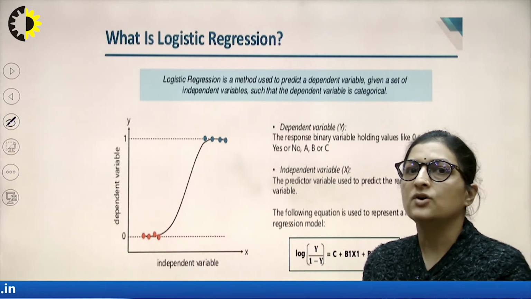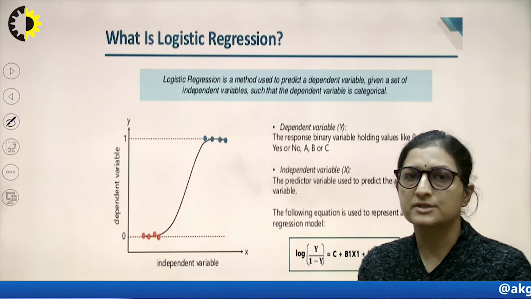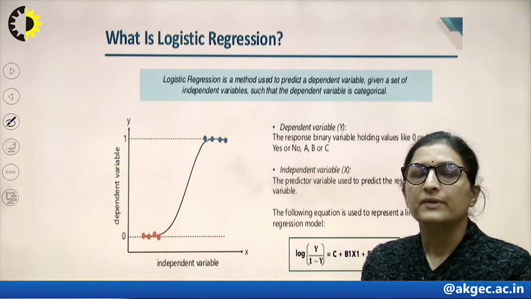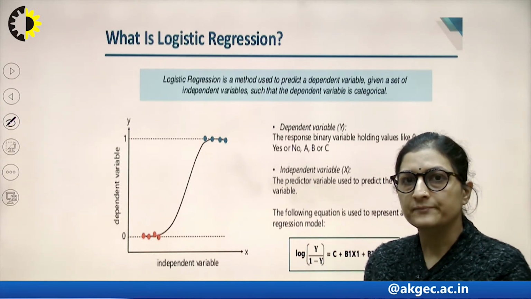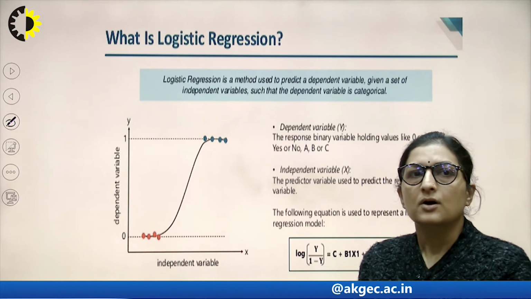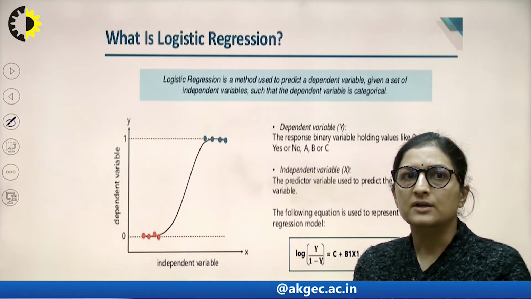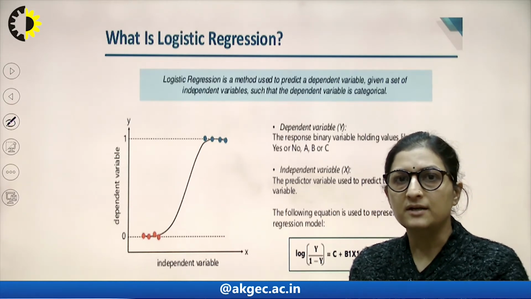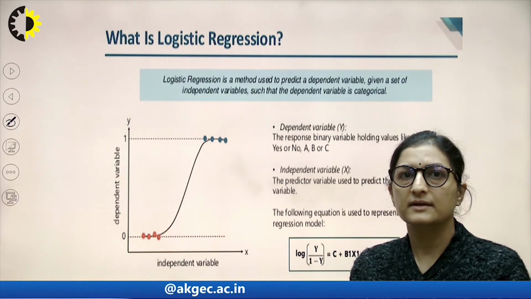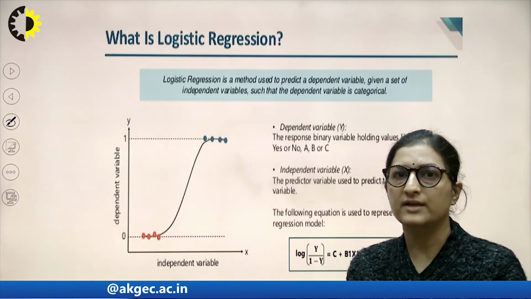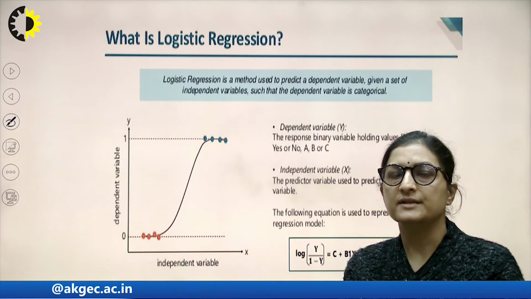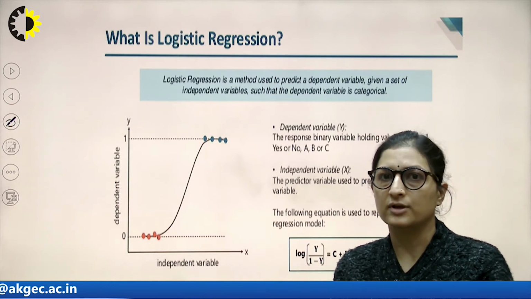Then another kind of regression model we have is logistic regression. So what is logistic regression? Logistic regression is a method used to predict a dependent variable given a set of independent variables such that the dependent variable is categorical.